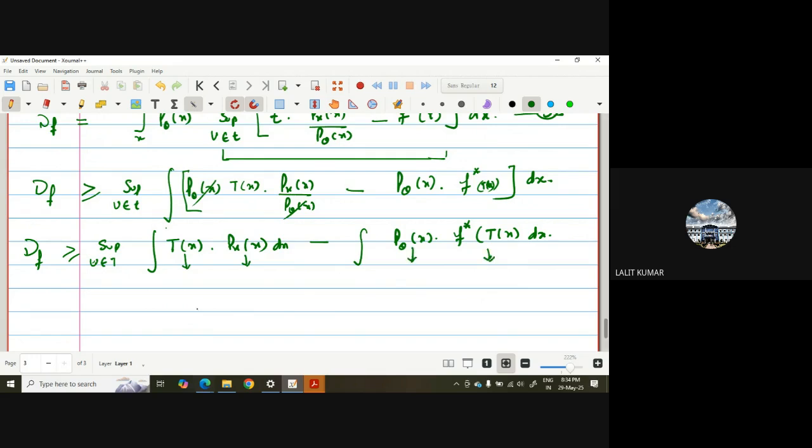So now using that statistics one, we can write down that Df will be greater than or equal to the sup of the expected value of t(x) over p(x), minus the expected value of the function f star of t(x) over theta.